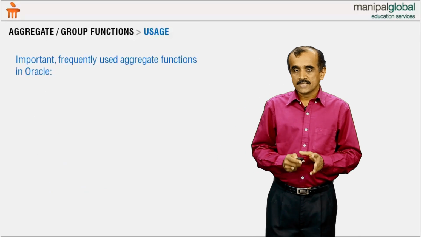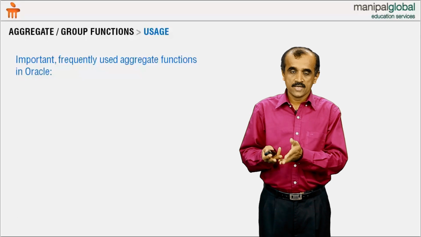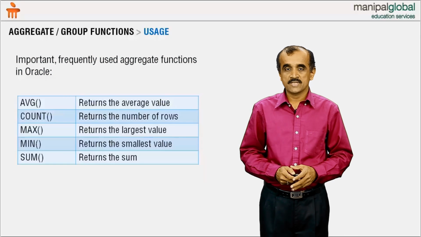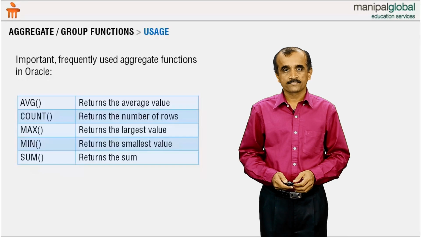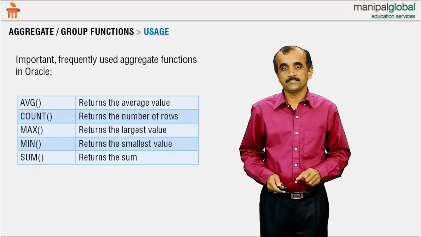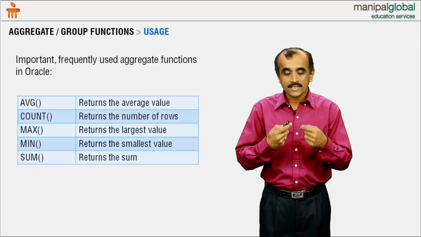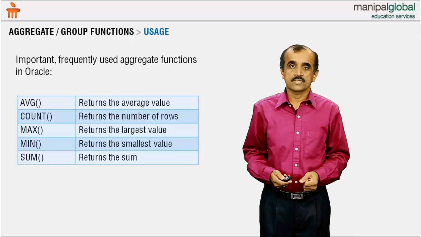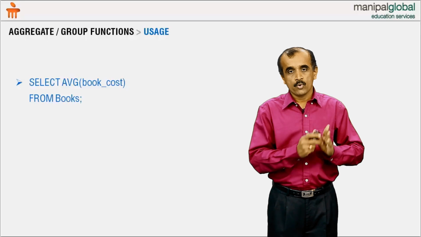In Oracle, let us see some of the important and frequently used aggregate functions. The list is here, and all of these are pretty self-explanatory: average, count, max, min, sum. These are some of the most commonly used aggregate functions in Oracle. Let us take a look at a couple of examples of how I apply these aggregate functions on a table. Select AVG, average book cost, from books.